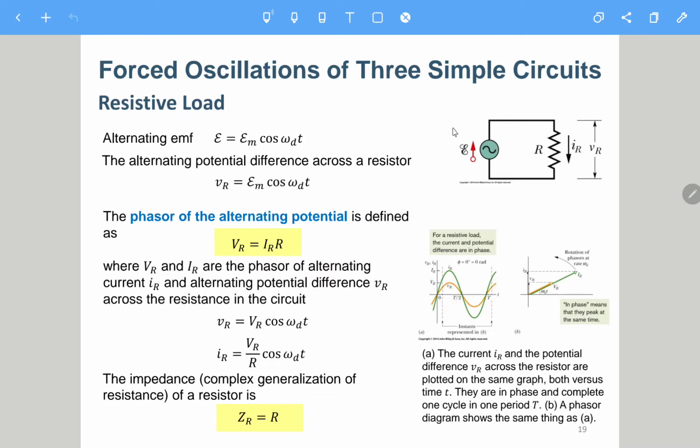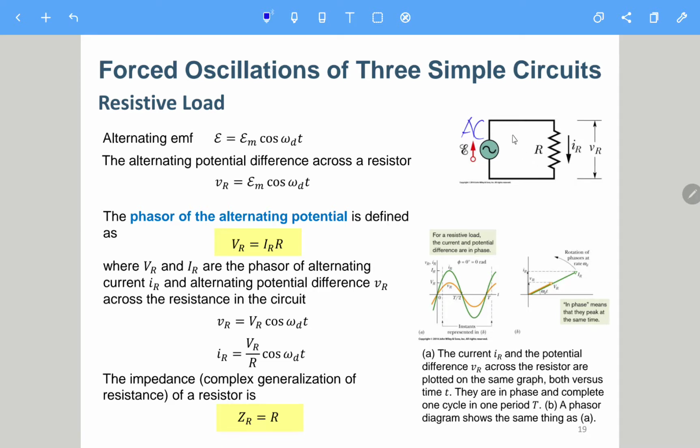So here, considering this figure, we have an AC source. It is specified by something like a sine wave, so it means a sinusoidal source.